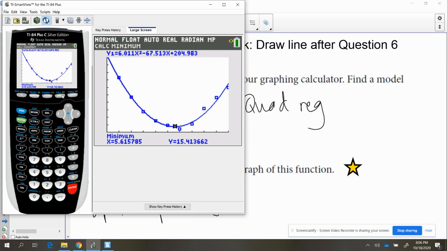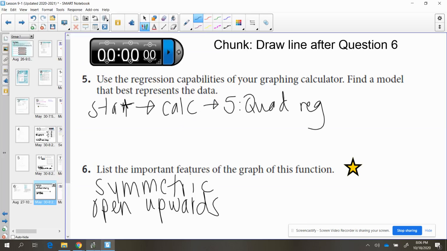Enter a couple of times so that we get that approximation that our minimum value is occurring at 5.6 and the minimum number of sunspots about 15.4. So we would say that the minimum is going to be located at 5.6, 15.4. That's where our minimum's at.